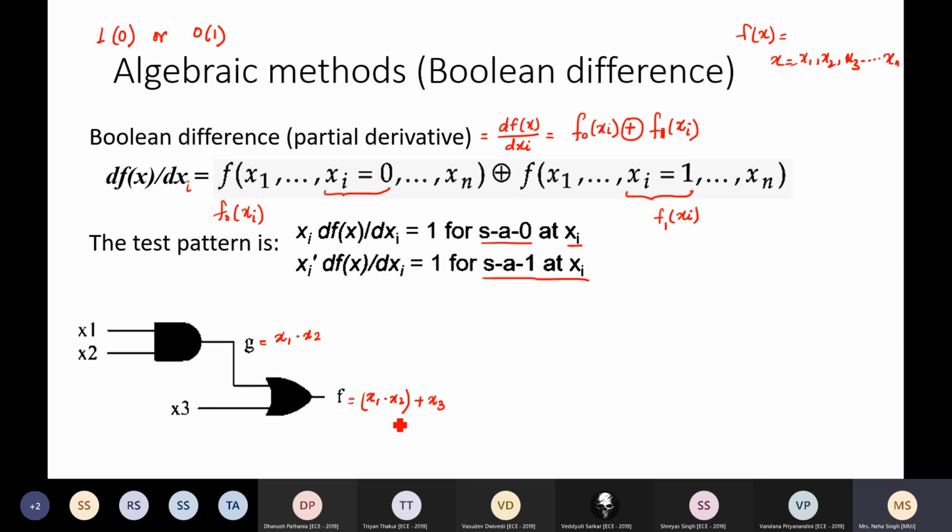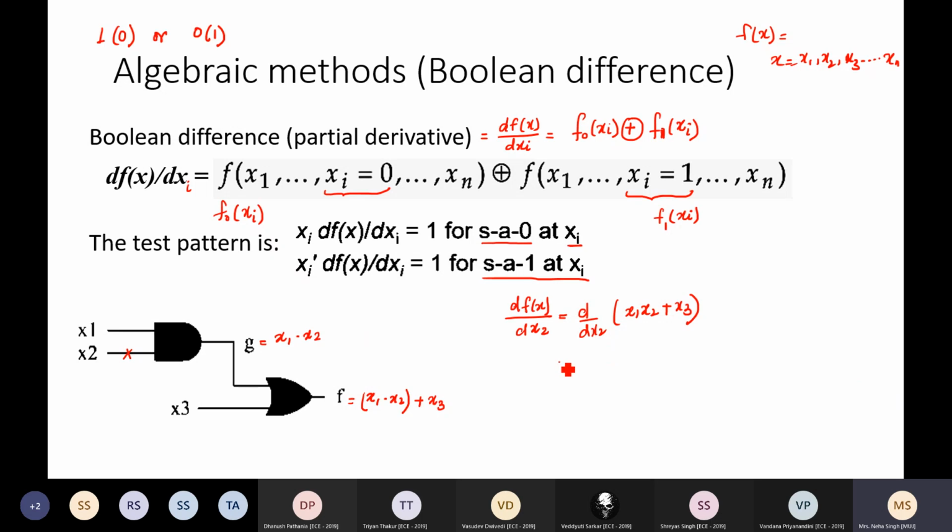Fine. Suppose we detect fault at the wire x2 here. I can detect both the faults for the wire, but I need to find out what is df(x) over dx2. The primary output is f, so I need to differentiate with respect to x2 the function x1 x2 plus x3. ठीक?